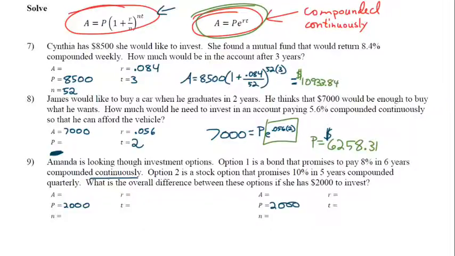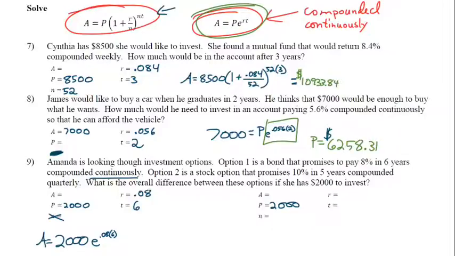Option 1 is a bond that promises 8% in 6 years, so that's 0.08 in 6 years. Compounded continuously, so we don't need that one. So A equals 2,000 e to the 0.08 times 6. That's the setup for that one. Let's set up the other one.